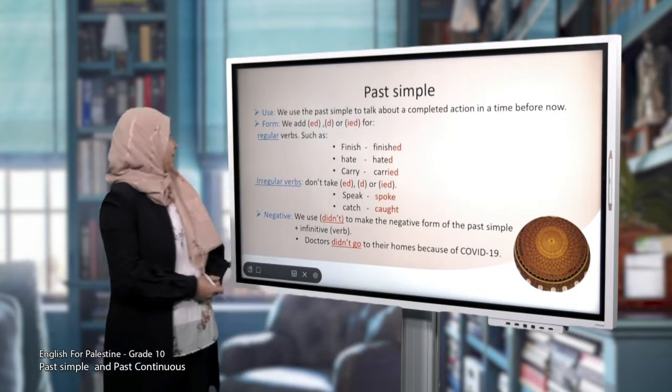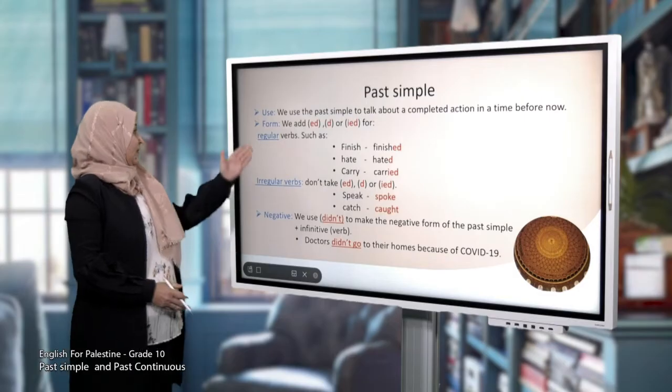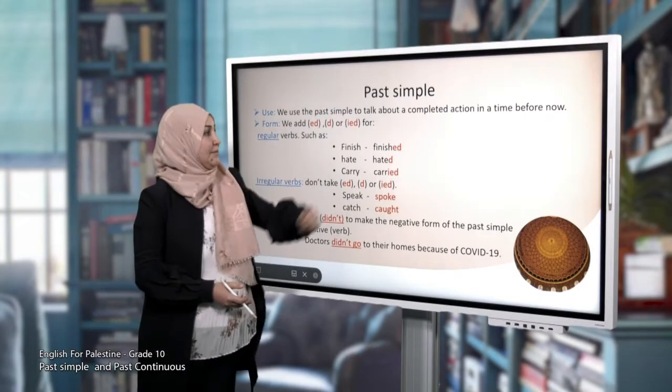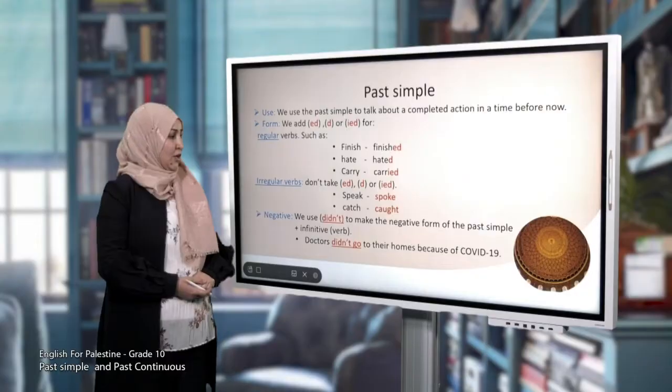Past simple. We use the past simple to talk about a completed action before now. The form of the past simple is we add ed, d, or ied for regular verbs such as finish, finished, hate, hated, carry, carried.